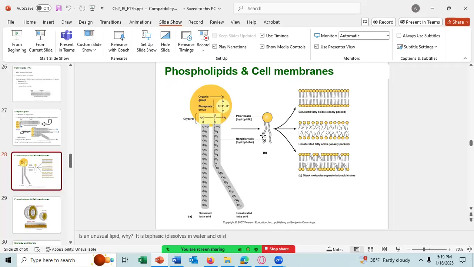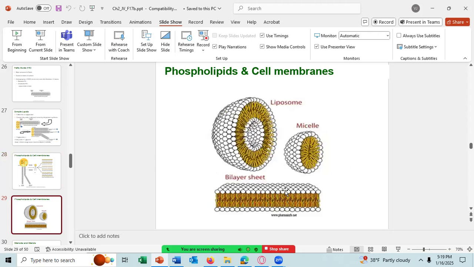And when you get lots of phospholipids together, they will start arranging like this in a body of water. And they could be like that or like that. And then they will circle around on each other, forming this or that. You don't need to know about this, but they can form a liposome, which will have water on the outside of the liposome and then water on the inside.